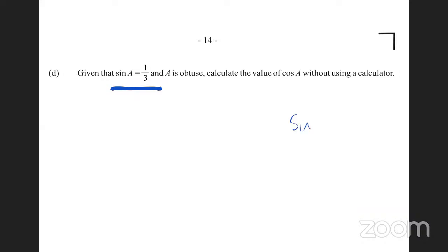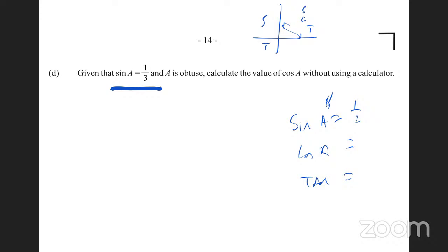Suppose I told you sine A is equal to a half. How do you find cos A and tan A without going to the calculator? Let's assume A is, let's start with the easier one, acute. Acute means it's here, first quadrant, and we know that sine, cos, and tan are positive. Here's sine, here's tan, and here is cos.